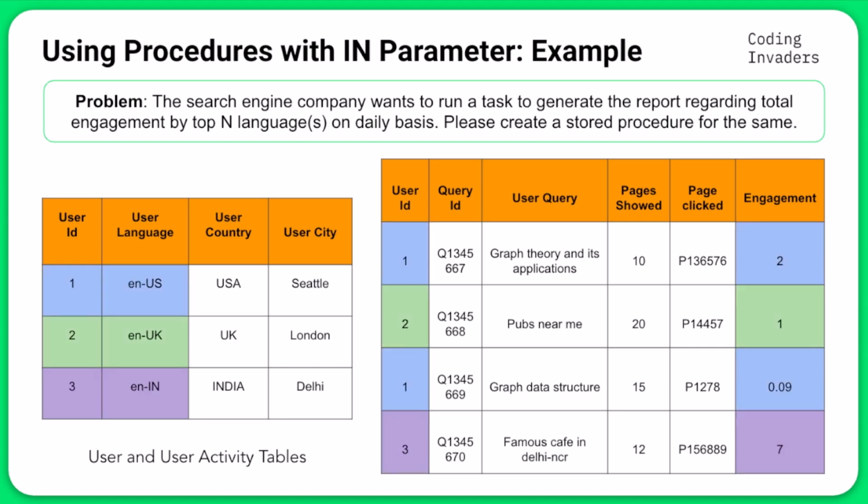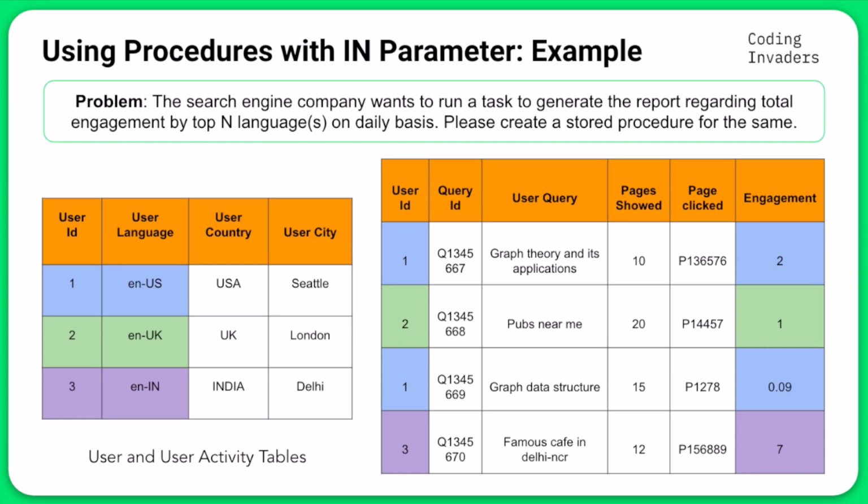Out of the total engagement, they want the top 1 user language. For the user language US, the engagement will be 2.09. For UK, engagement will be 1. And for IN, engagement will be 7. This is what we can get using a stored procedure. But they want top N language, so we can take N as 1, the top 1 language.